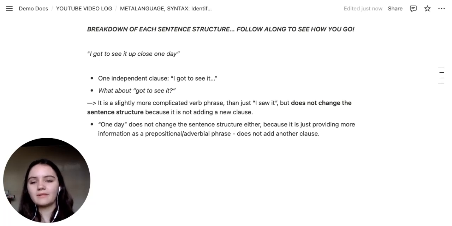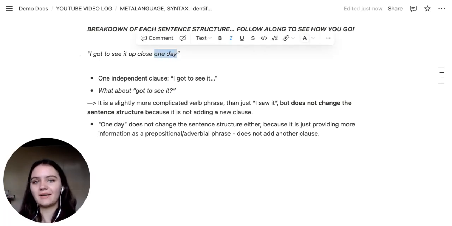So whilst we have this got to see it being in a weirder conjugation potentially than I saw it, it's not changing the sentence structure because we know that our sentence structure is changed when we add a new clause. This isn't a new clause at all, it's just a verb phrase, so we're still treating it as one clause.